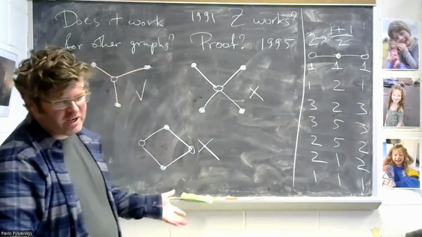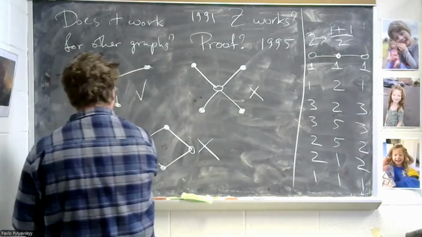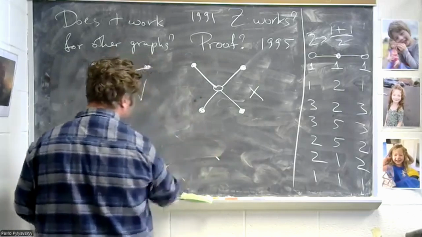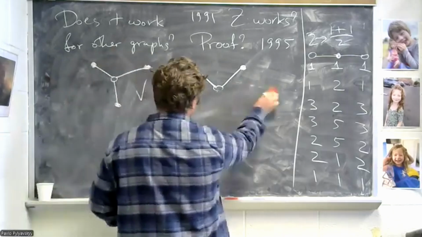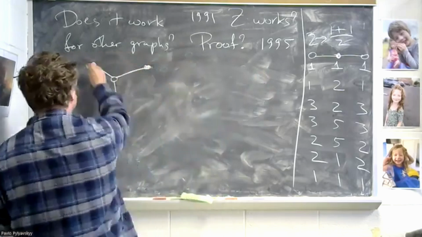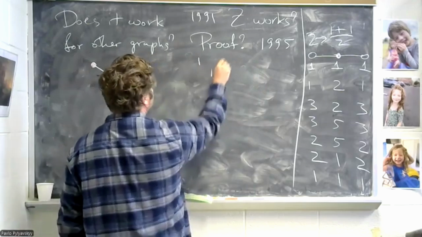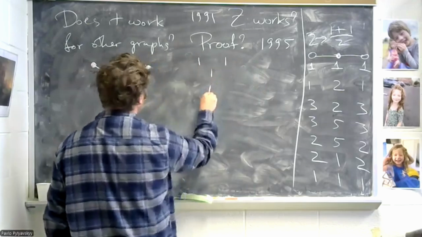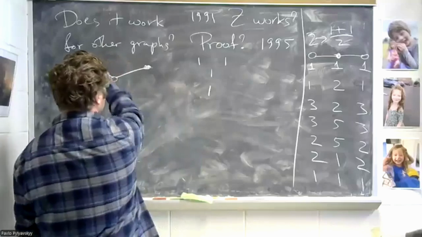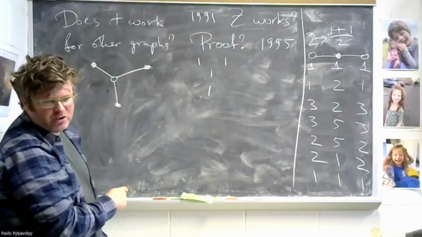So which ones are the ones for which it works? By the way, let's try it just to see how it works, how it doesn't work. Let's try this one. Let's just try it with numbers. Let's try all ones again. So this is my beginning, 1, 1, 1, 1, and the one in the middle is the white one.